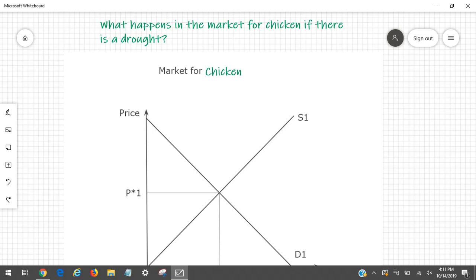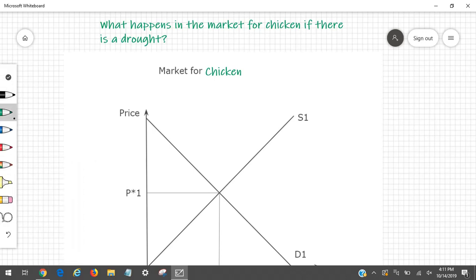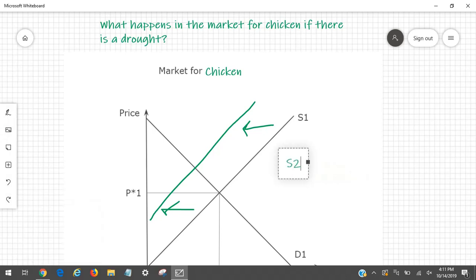They are going to have a decreased supply in the case of a drought. It will probably kill off a lot of their chickens. So we would expect to see the supply curve for chicken to shift to the left, to decrease. Like that.